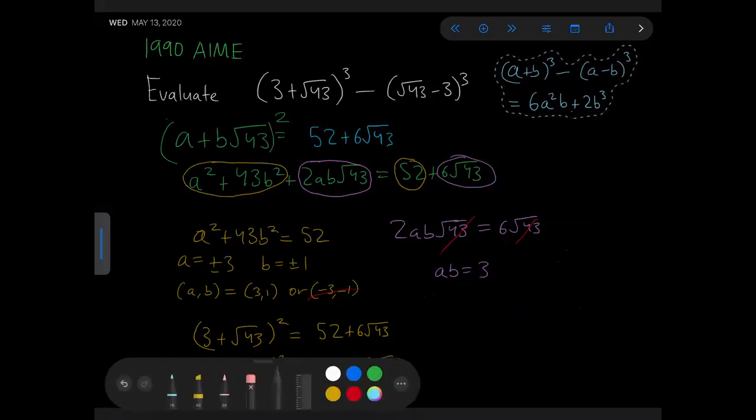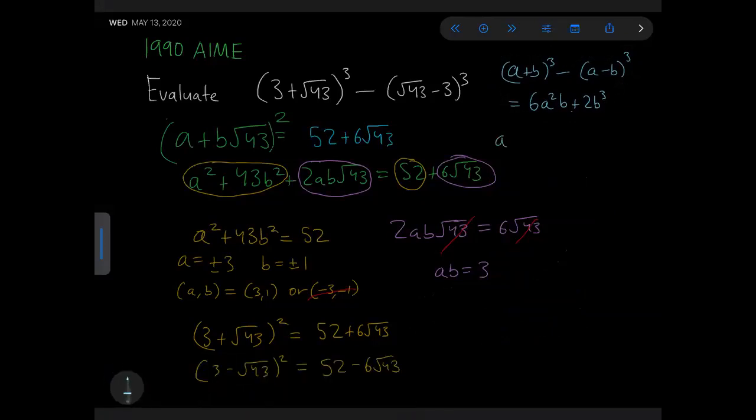Our a is going to equal square root 43, and our b is equal to 3. So our 6a squared b is going to equal 6 times 43 times 3.